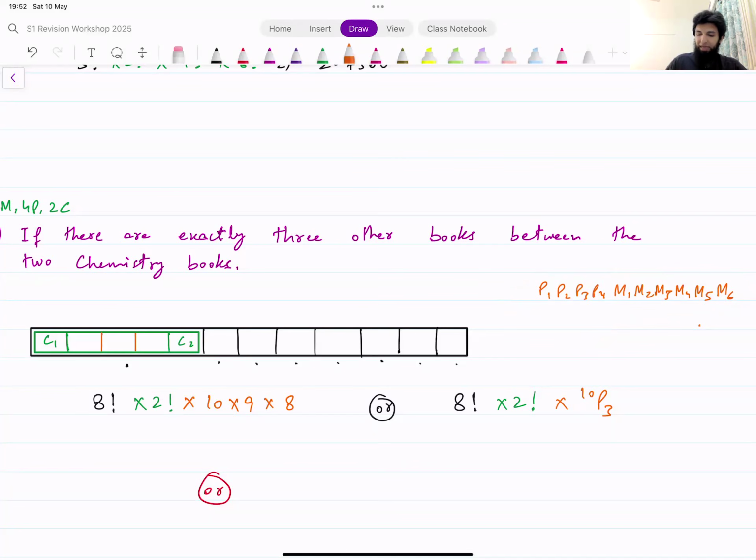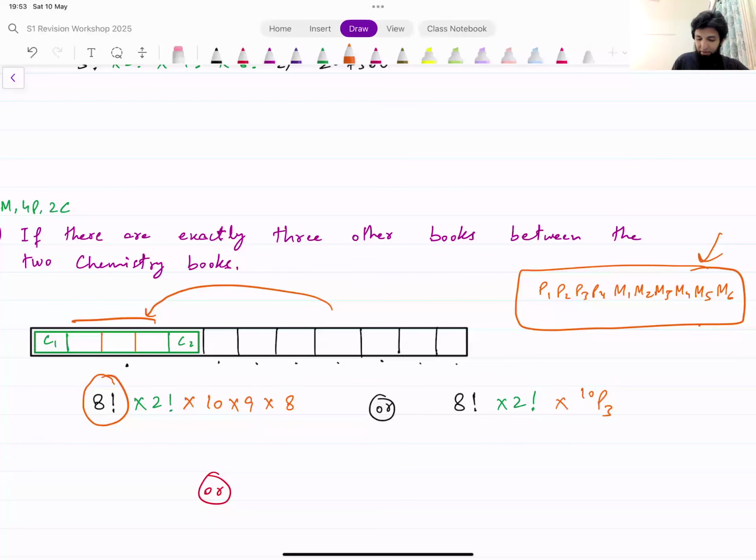However, if there was any repetition here, then we would have a problem. If there was any repetition amongst these books, then we have a problem, because then we would not know which books are here, because if you have the repeated books inside, then outside we could have some repetitions here.